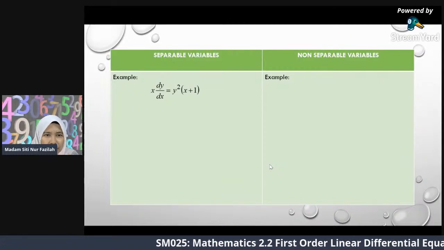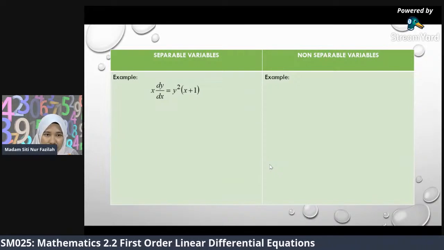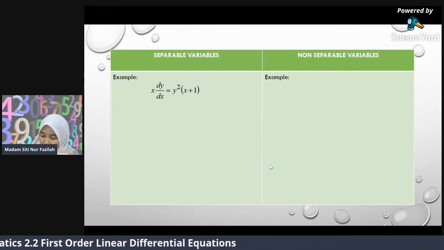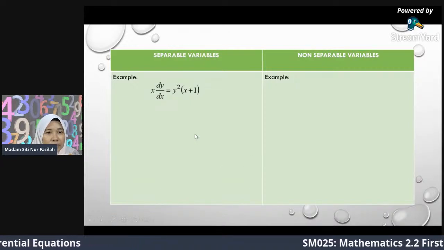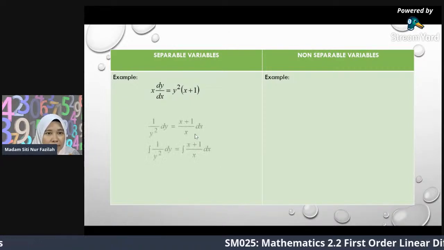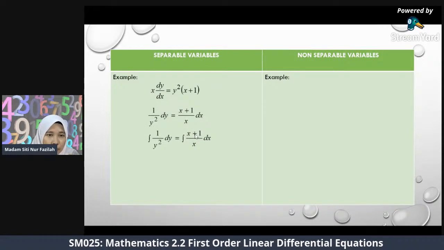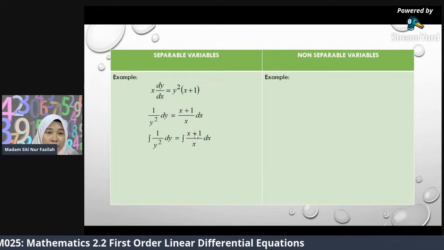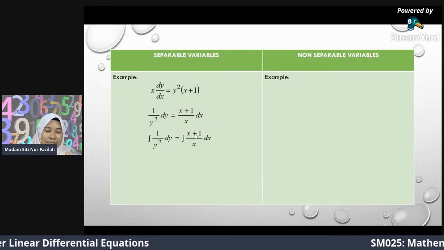To separate, we divide both sides by x and divide both sides by y squared. Then we get 1 over y squared dy equal to x plus 1 over x dx.